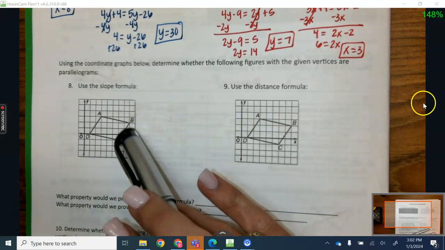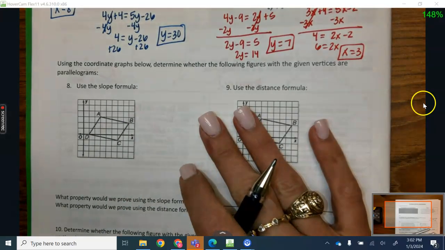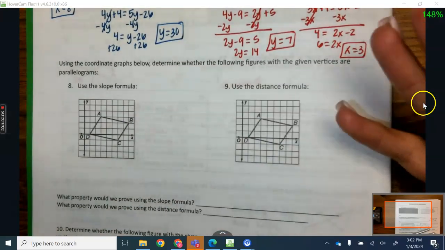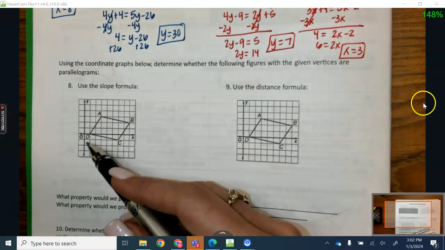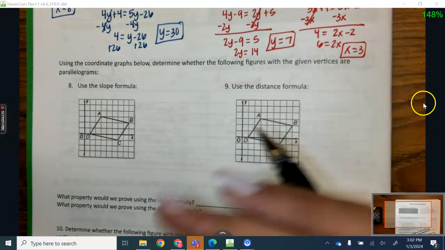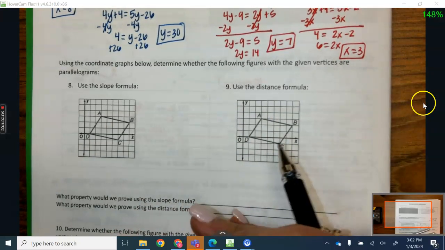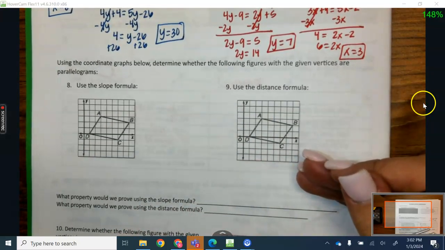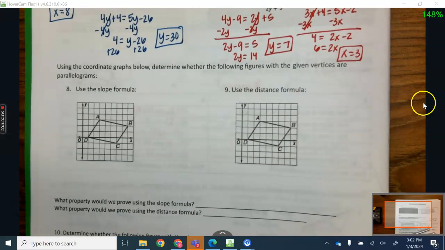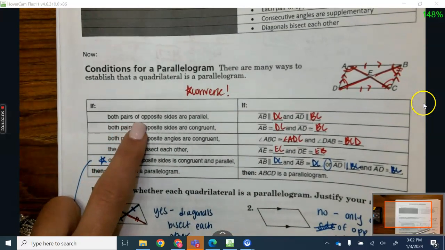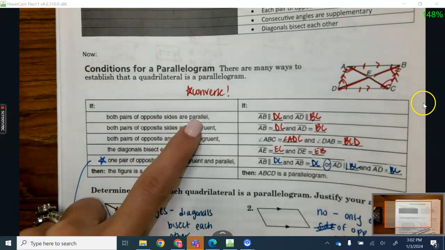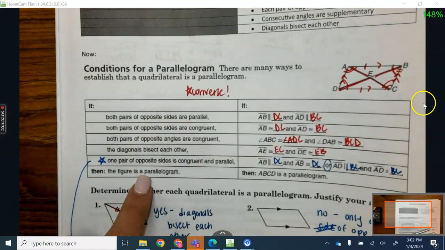Use the slope formula. So we have to kind of think here. Why would I be using the slope formula? On a graph, the slope of lines can only tell me if they are parallel or perpendicular or neither. So if I look at my table, there is a property where if I can prove that both pairs of opposite sides are parallel, then the figure is a parallelogram.